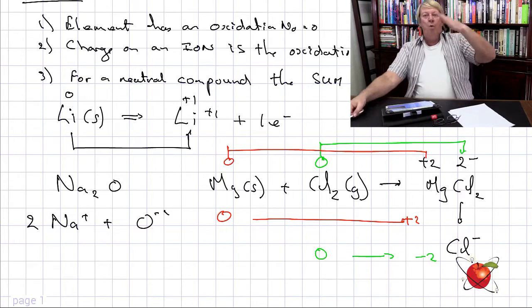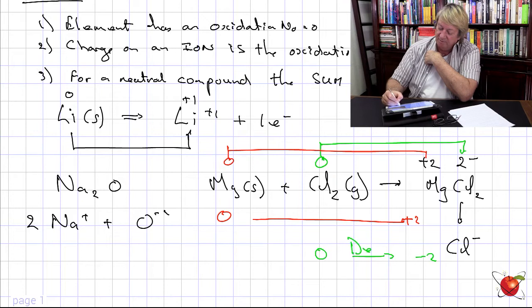What has happened is that the oxidation number has changed, right? One oxidation number has increased and the other one has decreased, hasn't it? This one has decreased, it's gone from 0 to -2, and the red side, the magnesium side, has increased.